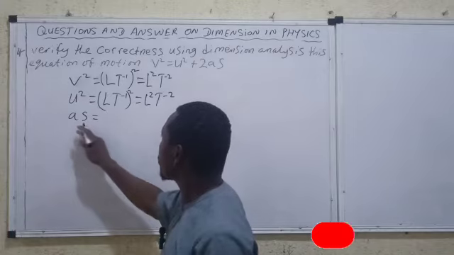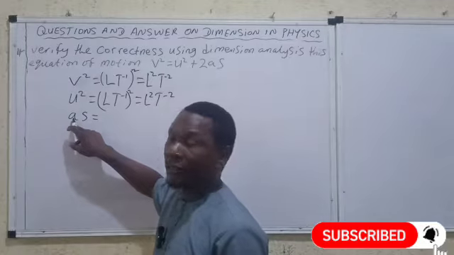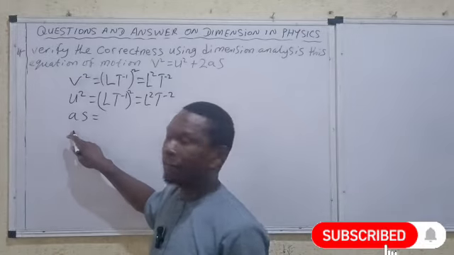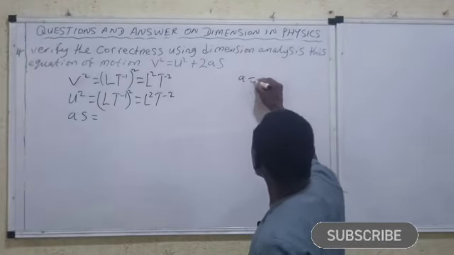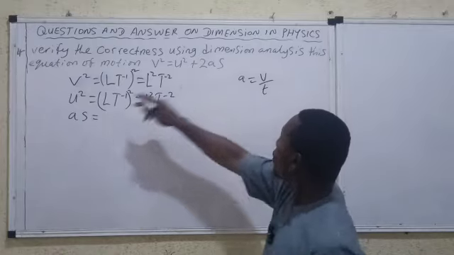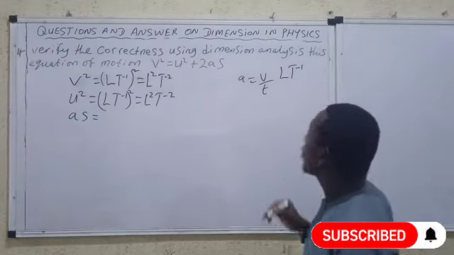So here, what is the dimension of a? That's the first thing. Remember, a is acceleration, and acceleration is velocity all over time. Remember our velocity is L t raised to negative 1.